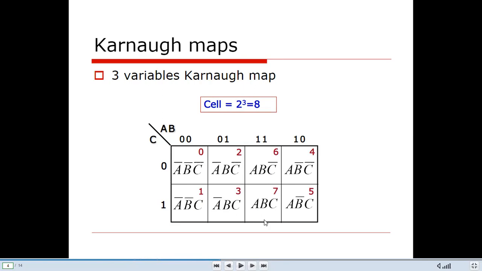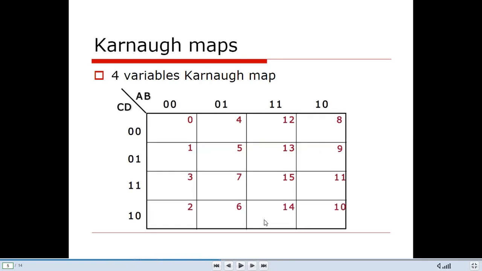Now moving further, we have a four variable K-map. In this, A, B, C, D are the four variables. Horizontally two variables are there, and vertically two variables are there. Then 2 raised to 4 is equal to 16, therefore it contains 16 cells.